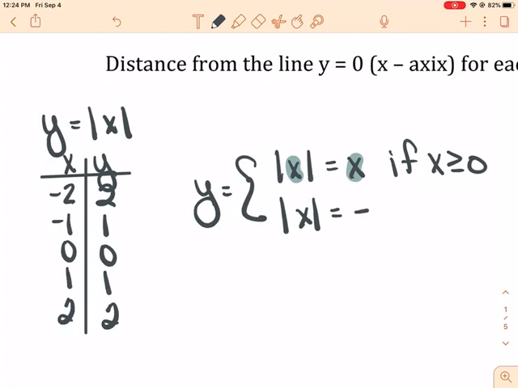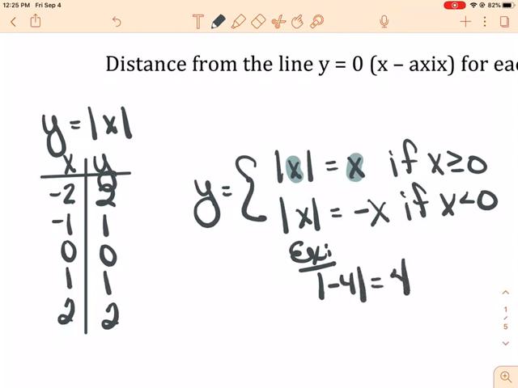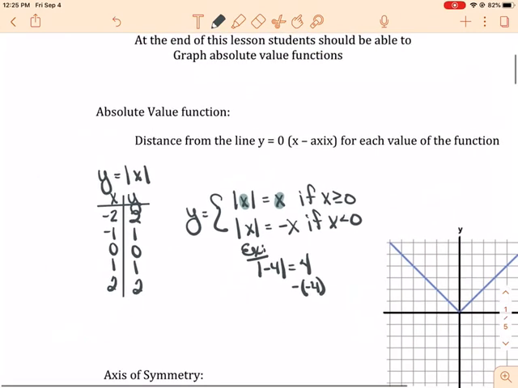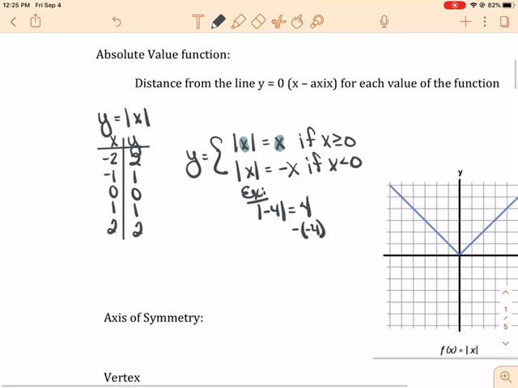Then the other part of it is the absolute value of x is equal to the opposite of x if x is less than 0. Meaning that if the value inside the absolute value is negative, then the answer is the opposite of that. Now, what do I mean by that? For example, if I said the absolute value of -4, we know that answer is 4 because it's the opposite of -4, and that's what we're talking about.